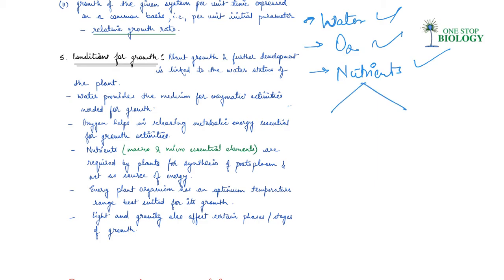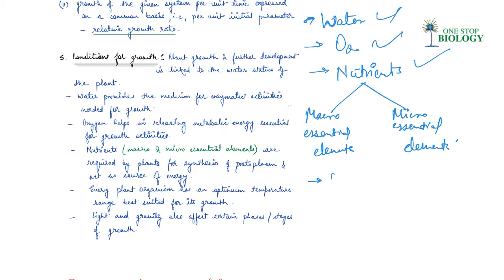Nutrients, macro as well as micronutrients, both, right? So it can be macro essential elements or micro essential elements, right? Both are required by plants for synthesis of protoplasm, and these also act as a source of energy. So again, these are required. So these three are very important.